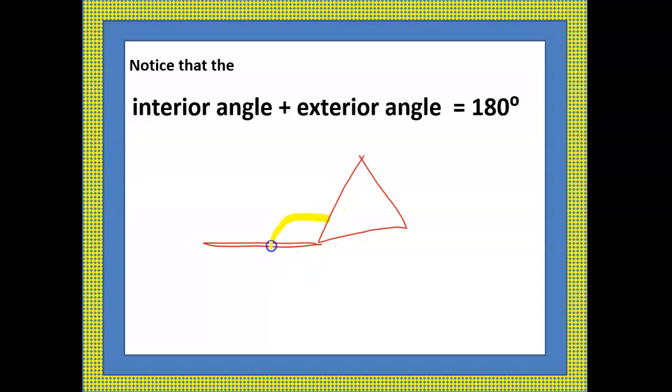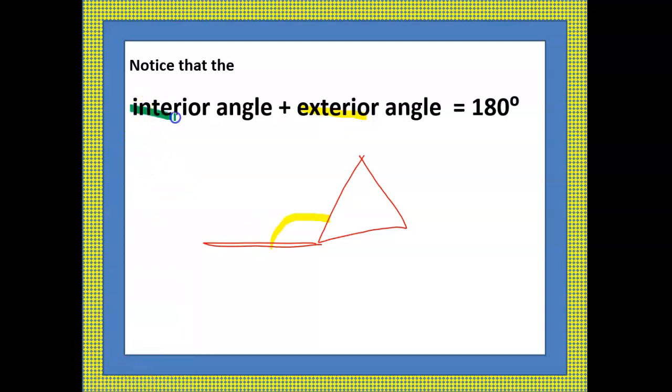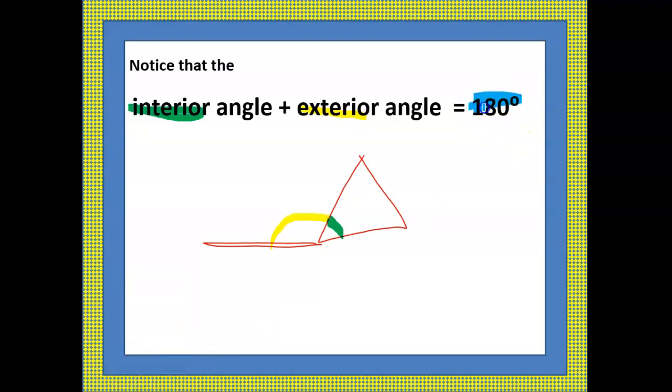So this is our exterior angle. And then my interior angle is on the inside. If you add these up, it also equals our magic number, which is 180 degrees. There's our magic number again, 180 degrees.